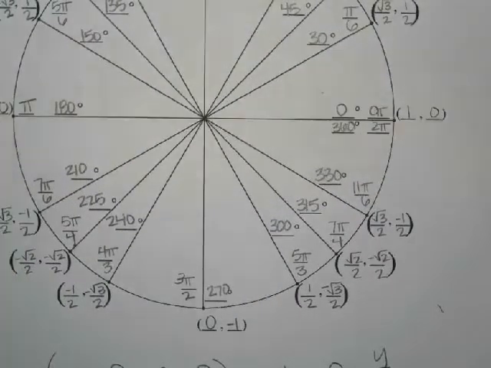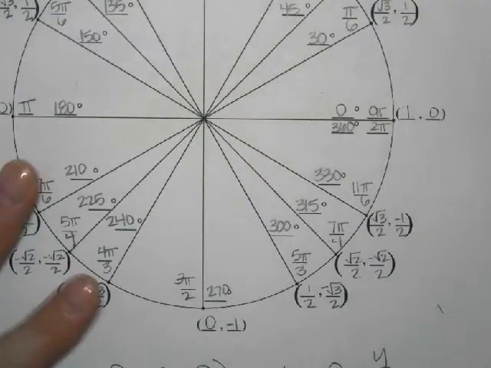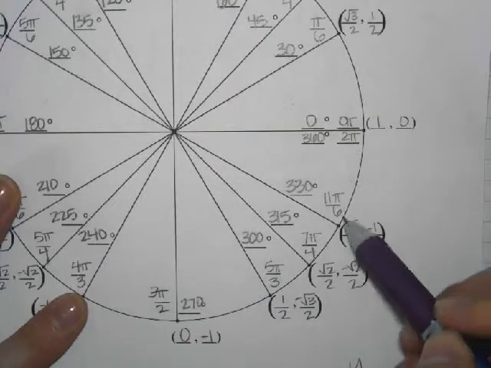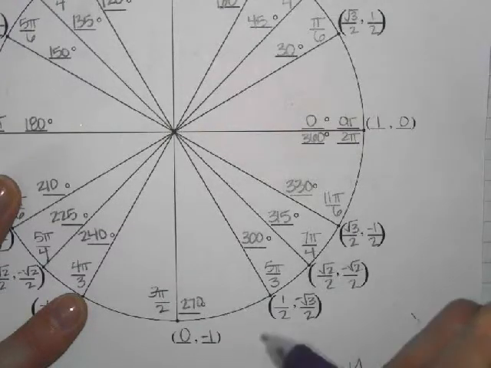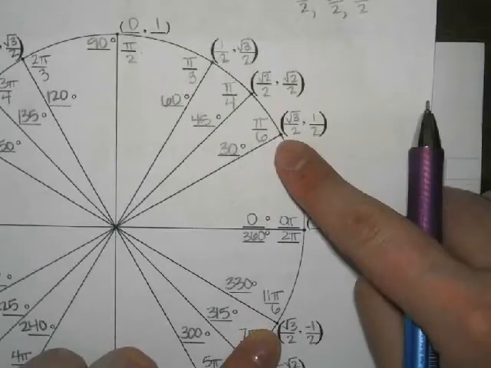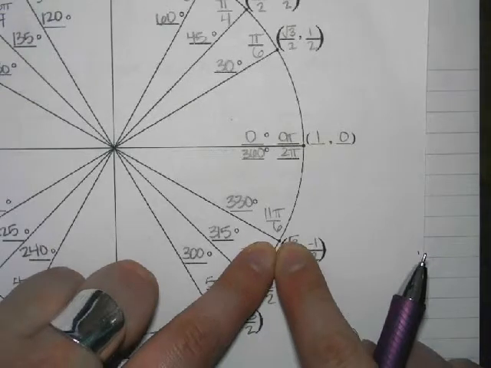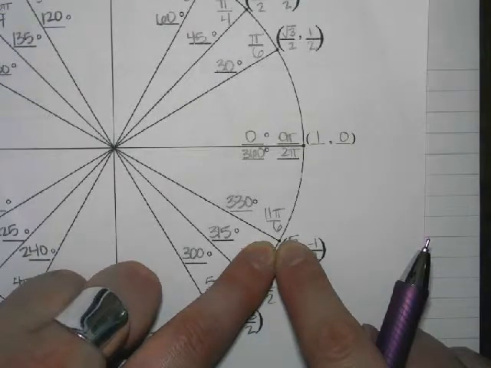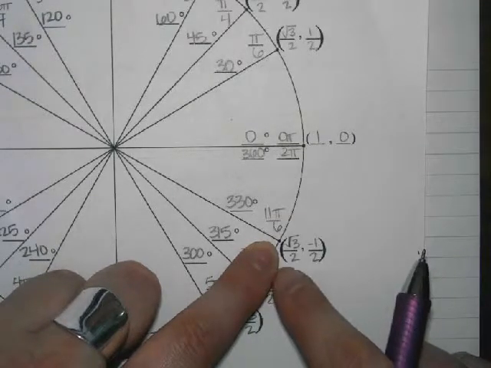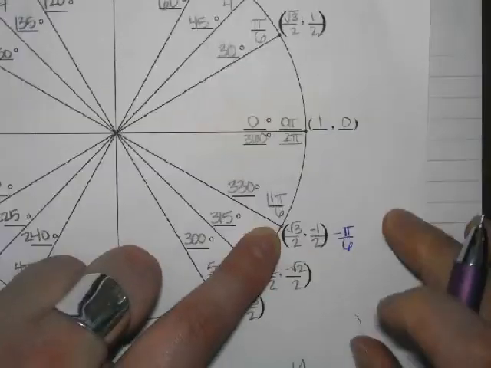So what I like to do on my unit circle for today's assignment is I typically rewrite some of these angles as the negative version so I cannot get confused, okay? So if this up here is positive pi over 6, then that means that this one right here is negative pi over 6, because it's the same amount, you're just going backwards, okay? So right over here I'm going to write negative pi over 6.